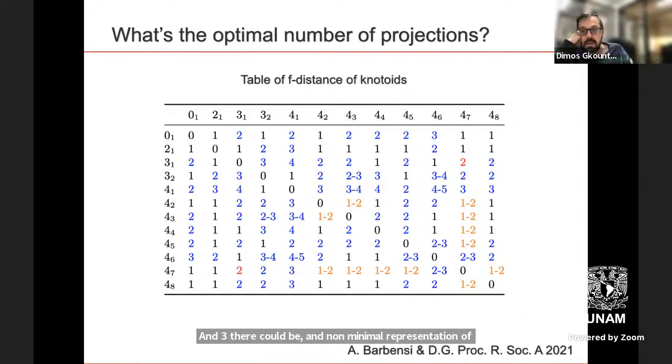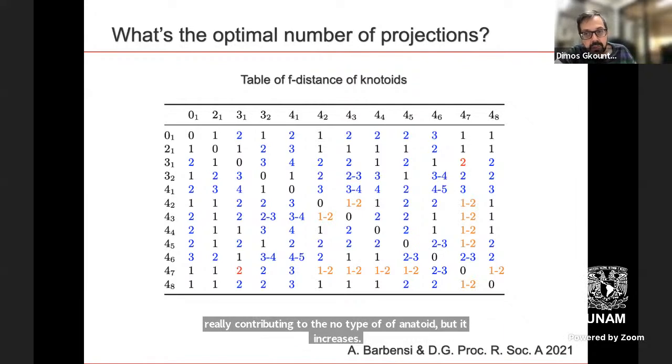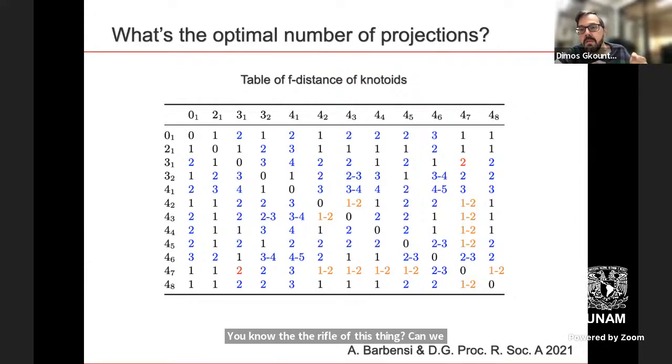You may add Reidemeister 1 and 2 moves there, so you create crossings that are not really contributing to the knot type of the notoid, but it increases the diagram. And we didn't consider that in our simulation. So we needed a theorem to make sure that we have the correct lower bound.